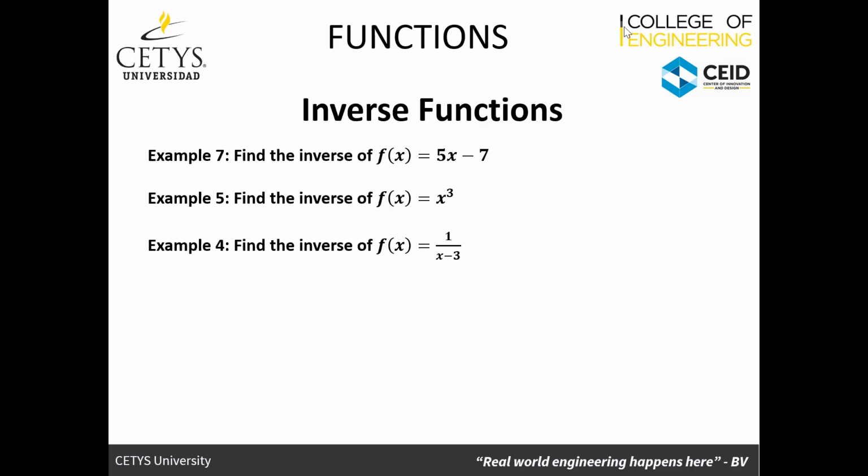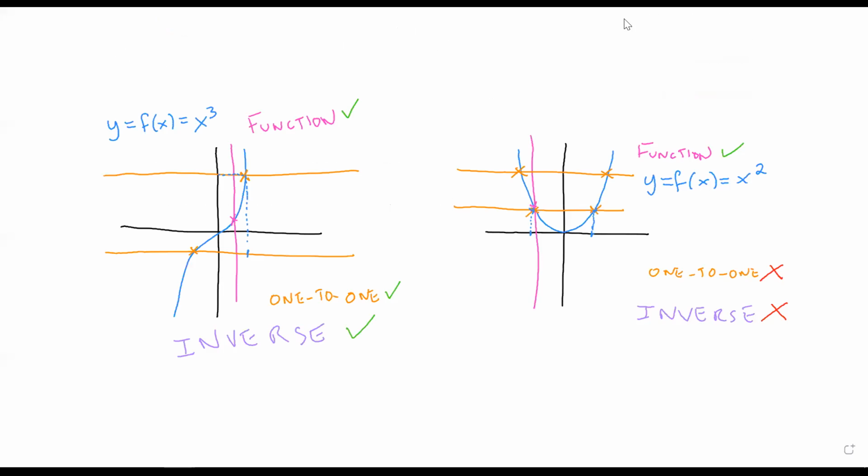I'm going to jump over here. So let's look at the first one. The first one says f of x equals 5x minus 7.